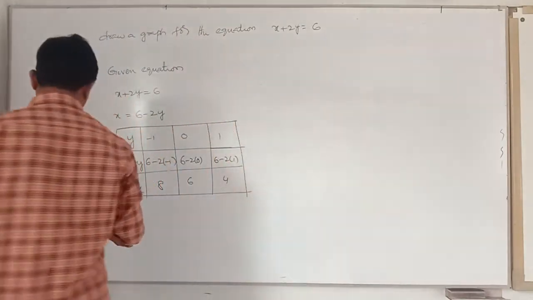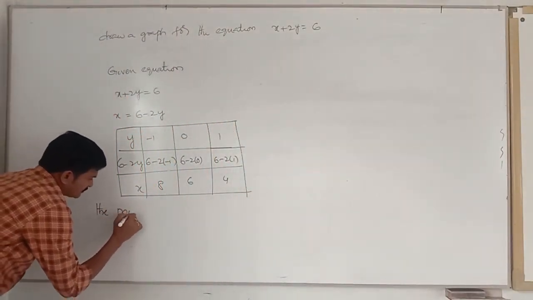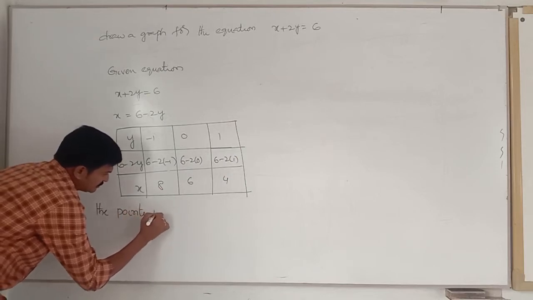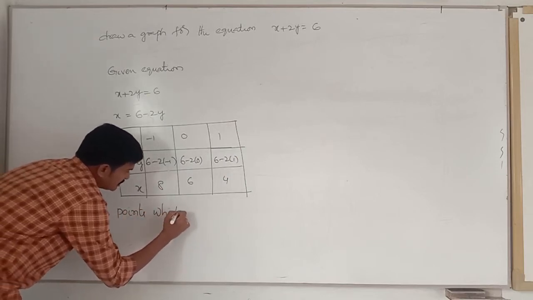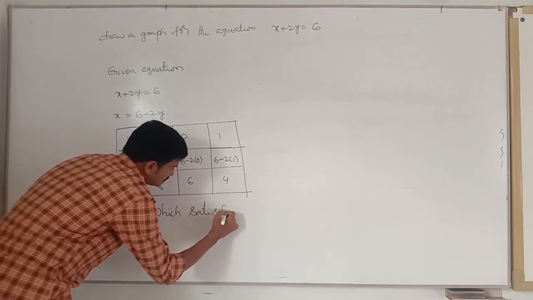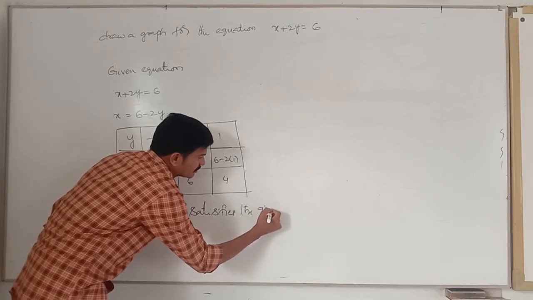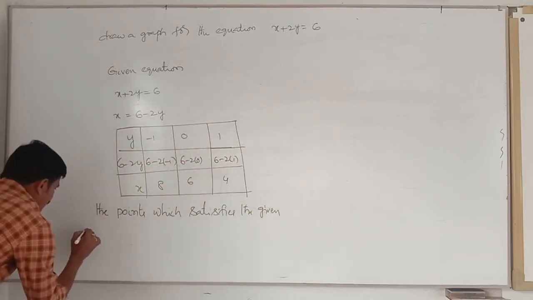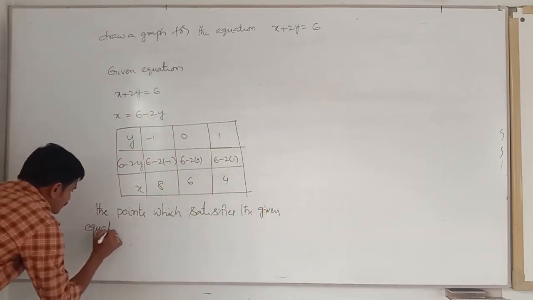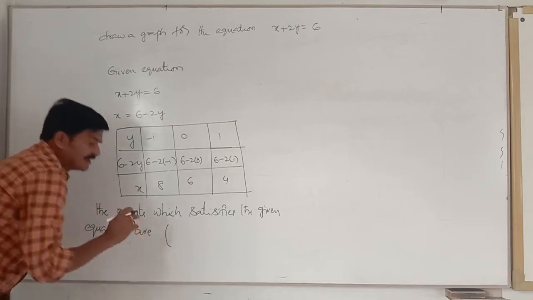How will you write them? You can write the points which satisfy the given equation. What are the points, x comma y?